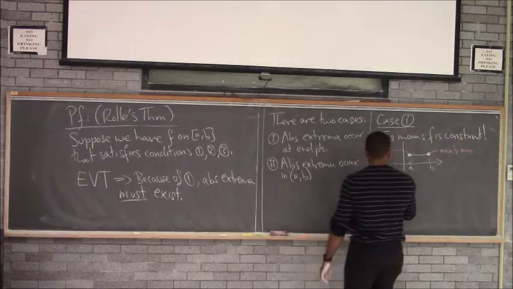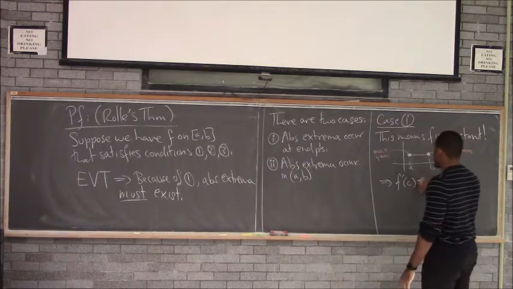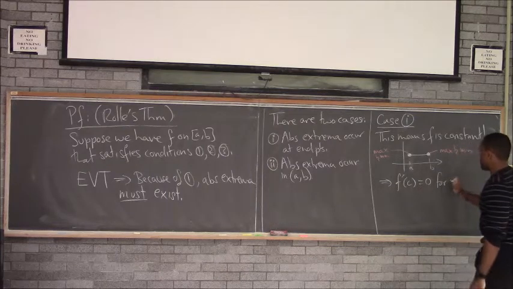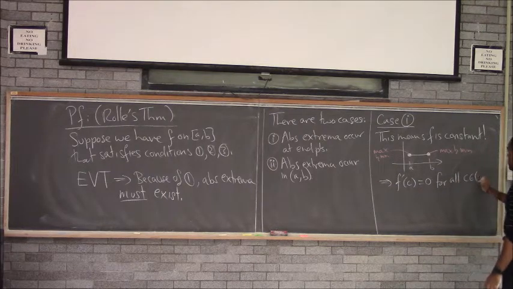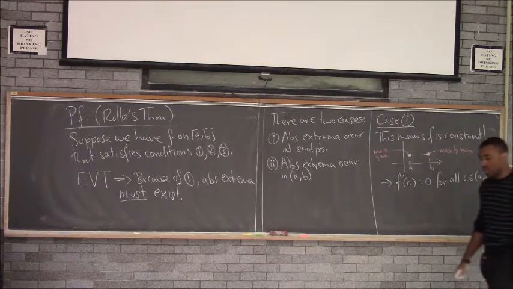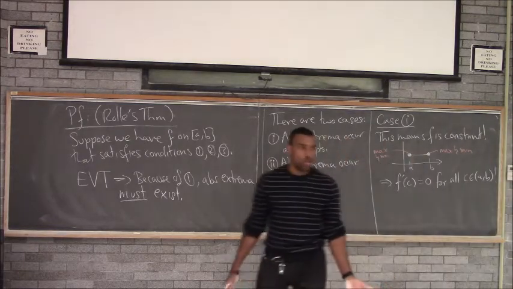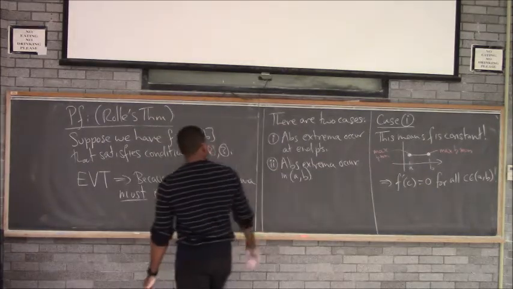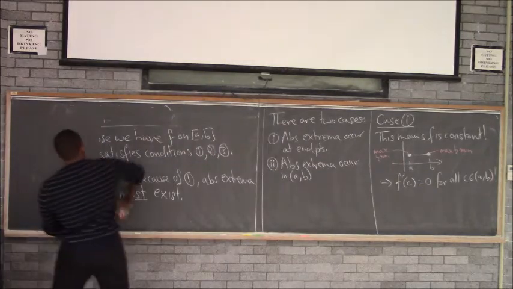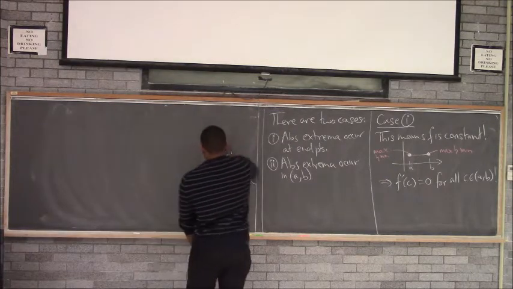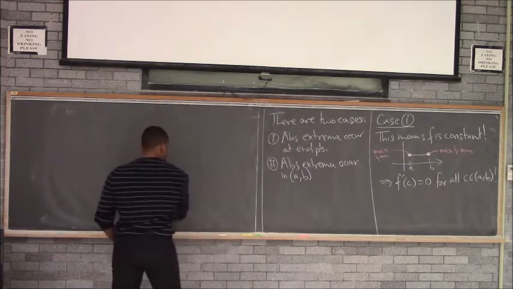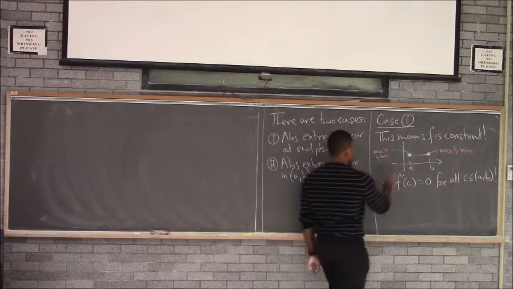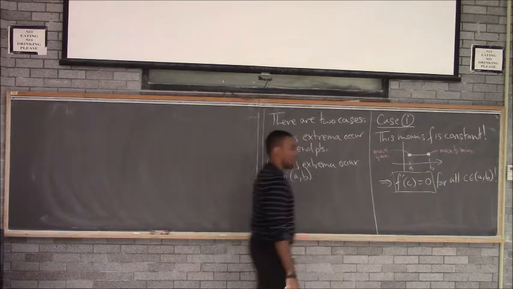And in this case, f prime of c equals 0 for all c. So I have found a point where the derivative is 0. It's going to happen at every point in this case. What if it doesn't happen at an endpoint? So I get the derivative is 0 if it occurs at an endpoint.